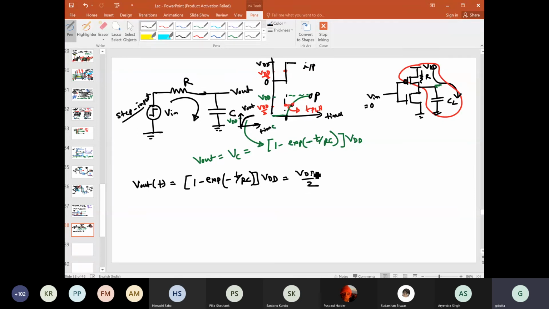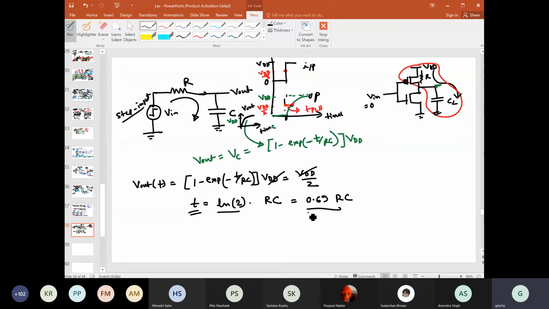You can simplify it, and finally if you calculate in terms of t, you will get t is equal to ln 2 times RC. If you want to substitute the value of ln 2, which is 0.69, you will get 0.69 RC.